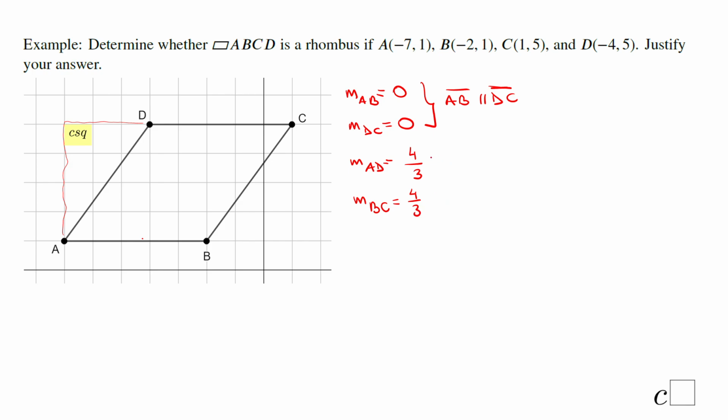So yes, we know now, we justify our answer, at least the first part, that AD is parallel with BC. From these two statements, we can say ABCD is a parallelogram. We cannot say a rhombus yet.